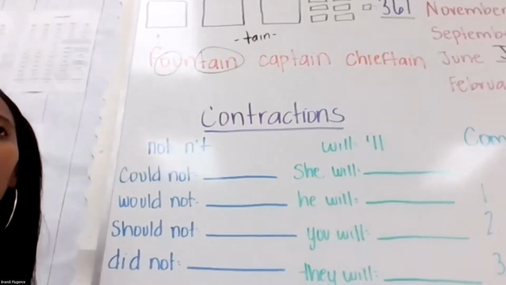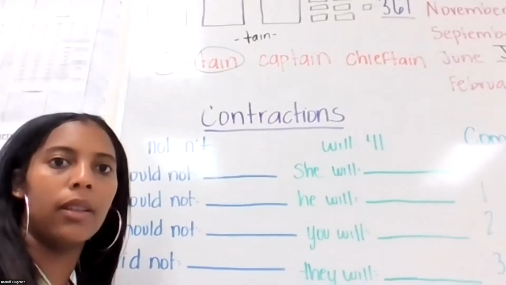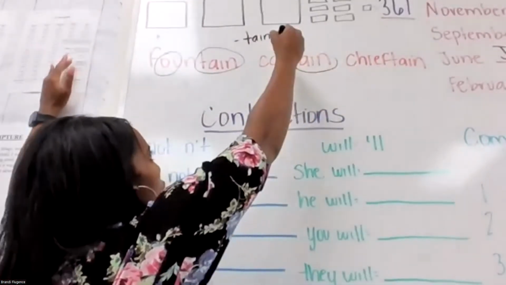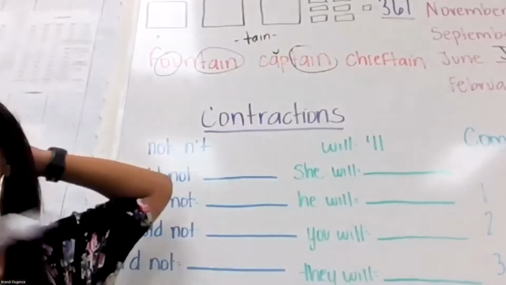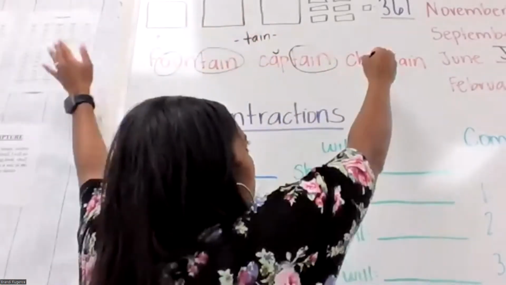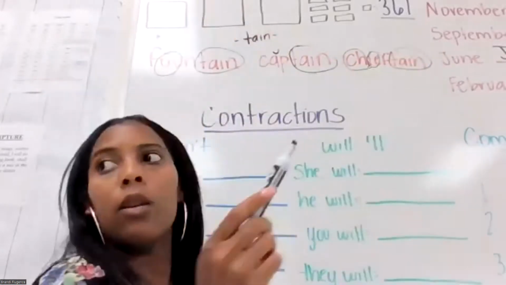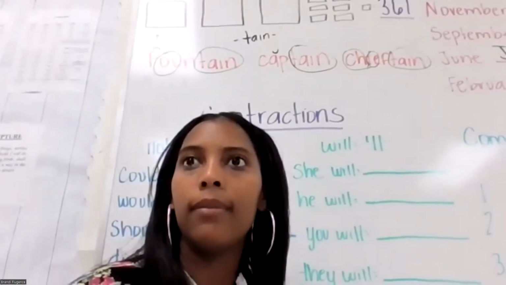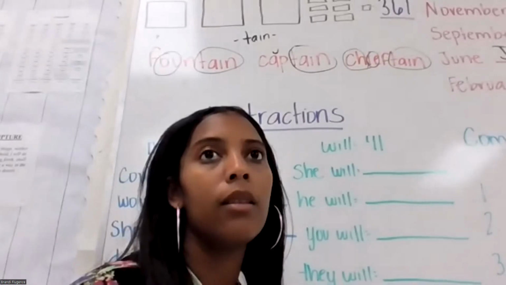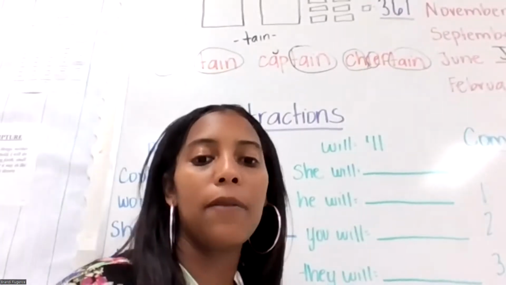Can somebody tell me the word? Fountain. Good. Next we have TAIN, ton. That's a sharp vowel A. What will be the word? Captain. And then this one, CHIE and then TAIN, ton. IE says E. Chieftain.